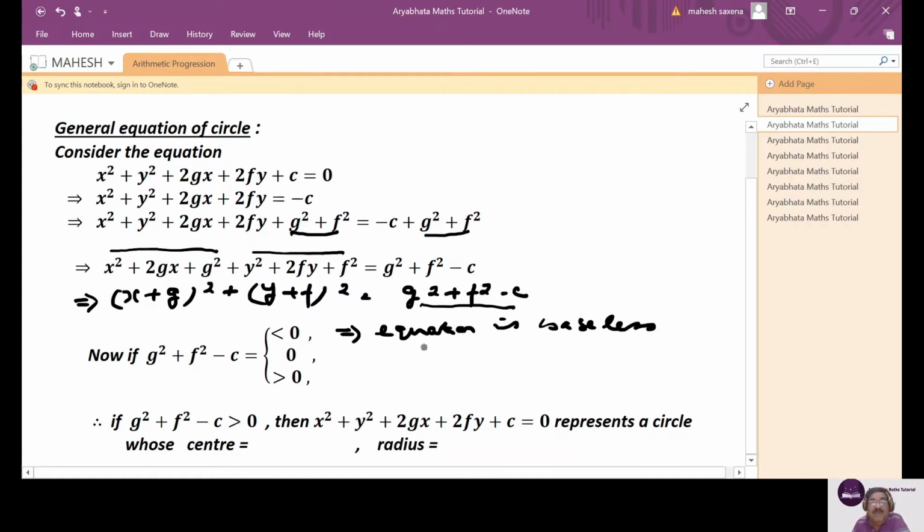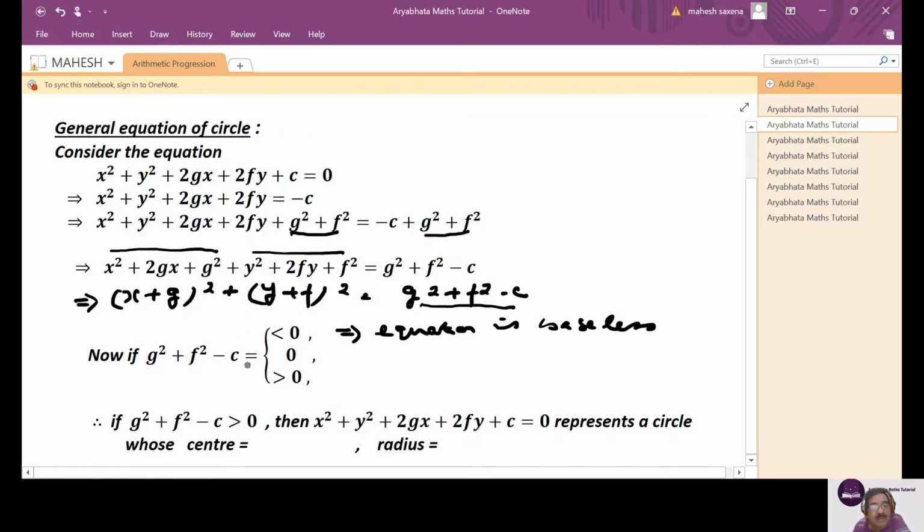Similarly, if g square plus f square minus c is equal to 0, then it is possible only when (x plus g) square is 0 and (y plus f) square is 0. When x plus g is 0, it means x is equal to minus g. When y plus f is equal to 0, it means y is equal to minus f.